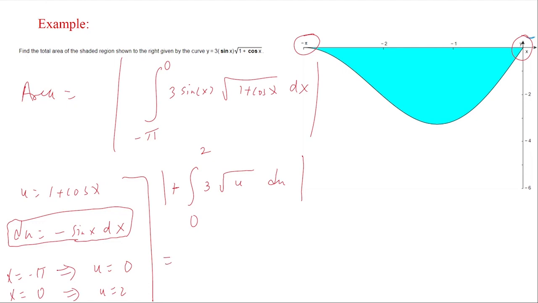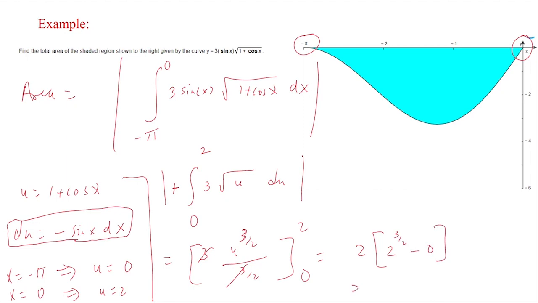So now let's find the integration of u to the power of one half, which by using the power rule would be u to the 3 halves over 3 halves, and then we have to put the limit of integration from 0 to 2. This 3 and this 3 are gone, so this 2 comes to the top, and then after using the fundamental theorem, I have to replace this u by 2 minus this u by 0, so that's 0.